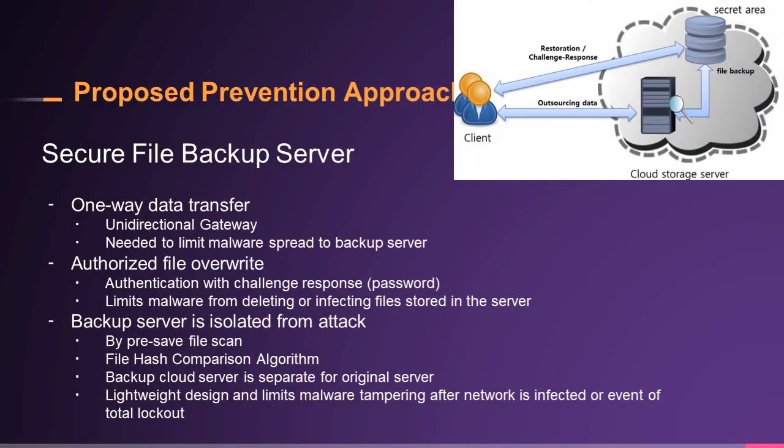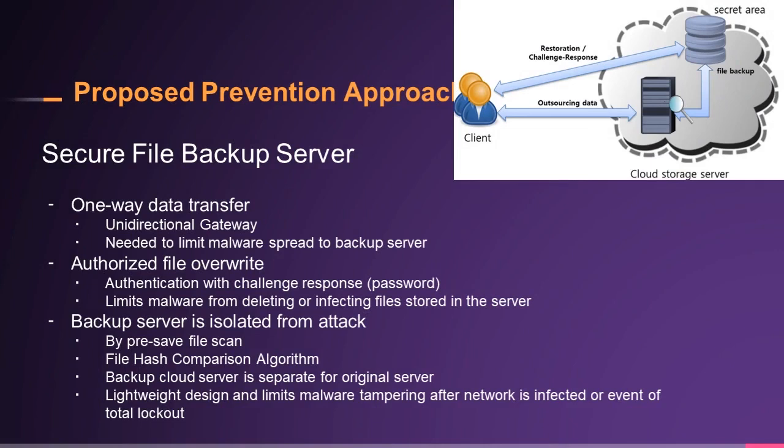So here are many of the more explained ways of each thing, which is like the one-way data thing. It talked about it needs to limit malware spread so it doesn't actually get into the server. And we need authorized, so it limits more of the malware trying to delete and affect all the data that's in that server, to make sure it's protected.